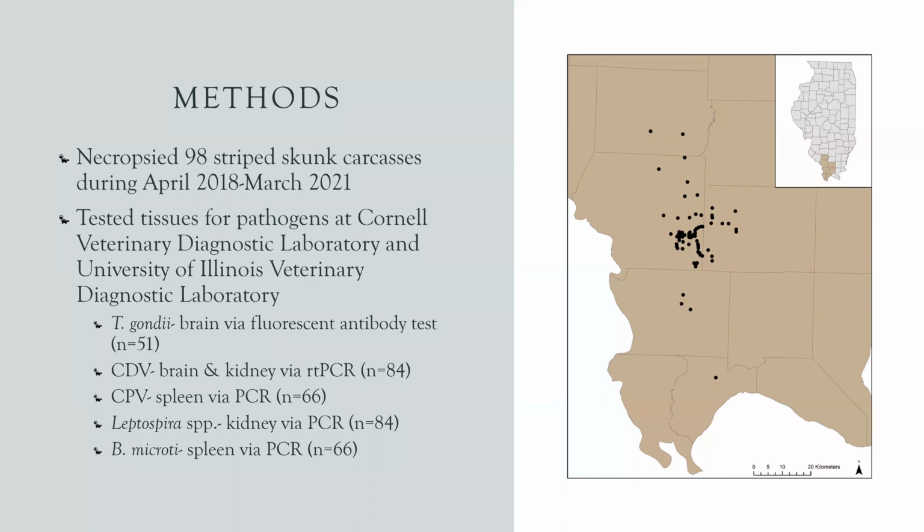So we use different tissues and different test methods just based off of what works best for each pathogen. But it is worth noting here that none of these pathogens were tested in all 98 striped skunk carcasses. And that's because most of our carcasses were roadkills, and I was not able to locate every organ in every carcass because some of them were a little bit flat.